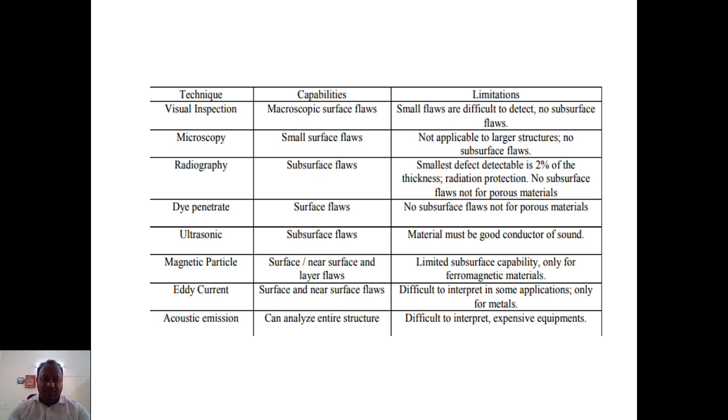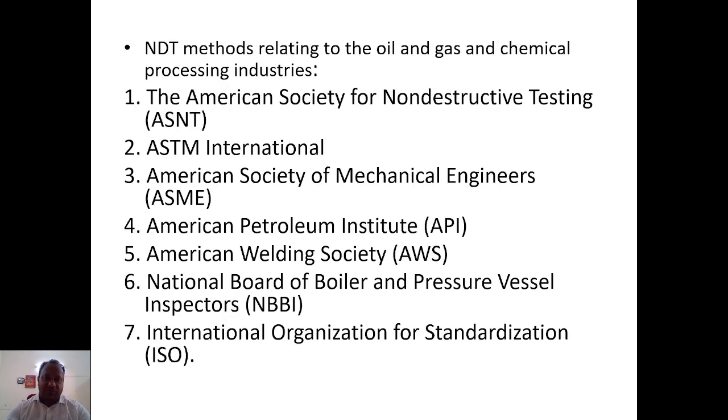That is the major disadvantage: protection from radiation is required for those who test the components. In ultrasonic testing, the material selected must be a conductor of sound. When sound travels, we can identify whether the product is defective or not. In this way we carry out inspection.